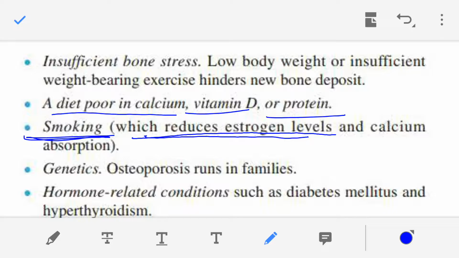If women and girls are smoking tobacco in the form of, let's say, a cigarette, or the bidi, or the chillum, or the hookah, in any form, then estrogen level is going to be reduced, and there will be a reduction in calcium absorption.